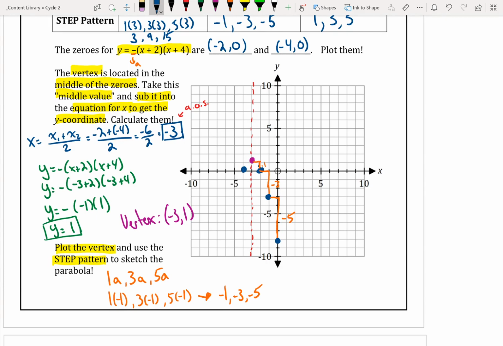Now I could do that same pattern on the other side. However, because I know it's symmetrical, I can just draw in the points at exactly the same spots, just on the other side of this axis of symmetry. Now that I have all those points, I'm just going to connect all the dots as best I can, and there is my quadratic.